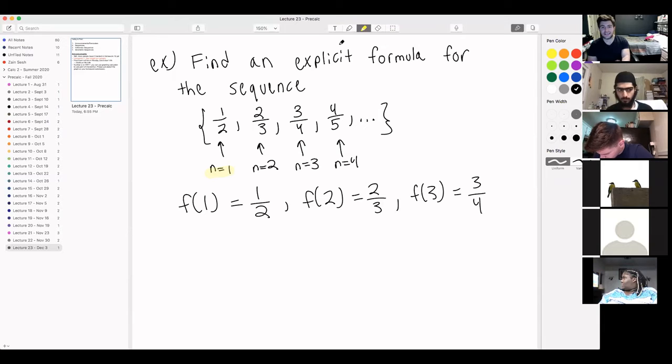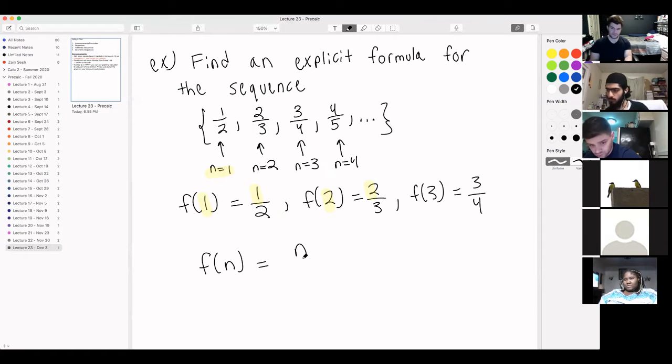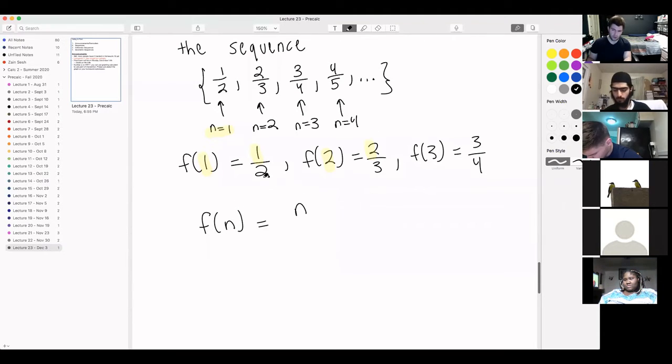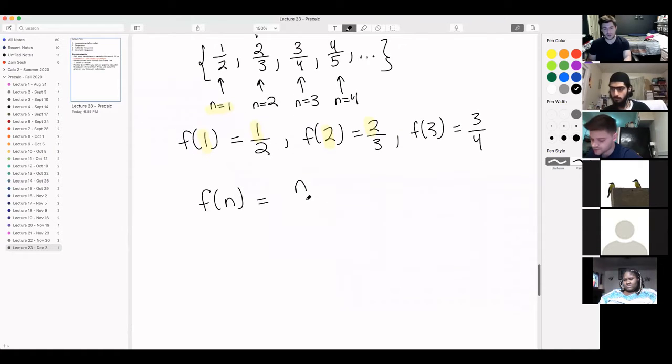So you can see that the input should match the numerator. So in the numerator of f of n, I need n, and the denominators of all these are just one more than n. So you divide by n plus 1.